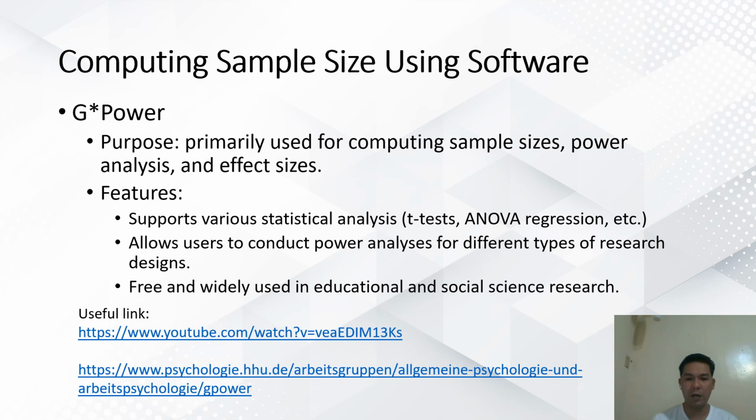Allows users to conduct power analysis for different types of research. And the good thing is, it is free and widely used in educational and social science research. I have here provided the link where you can download the G Power and also a YouTube link for a tutorial on how to use the G Power in identifying your research samples.